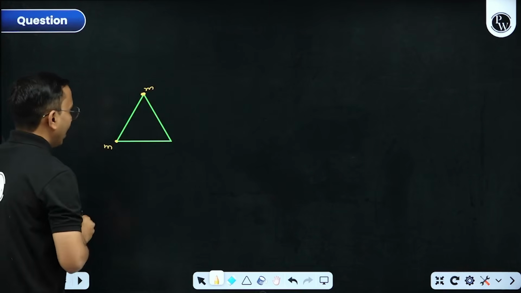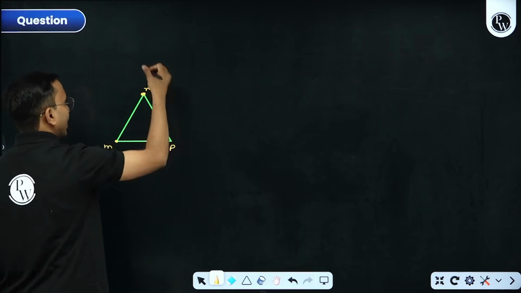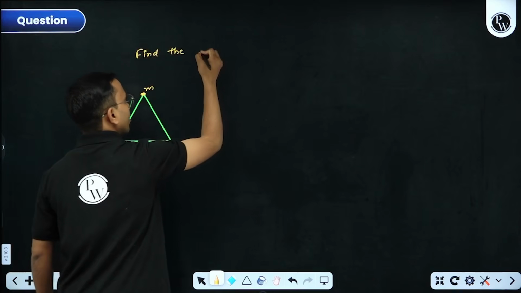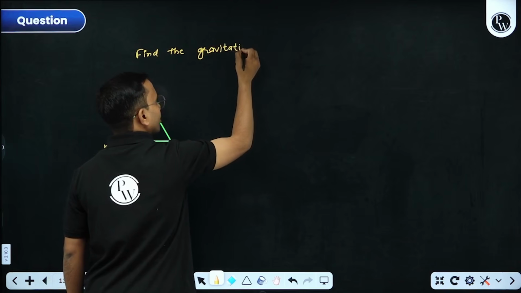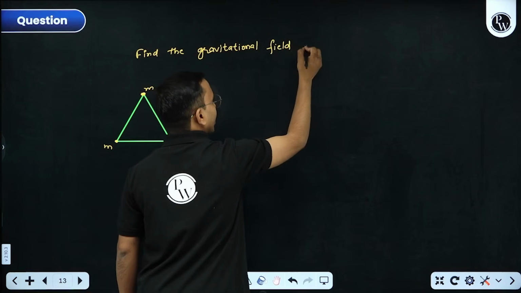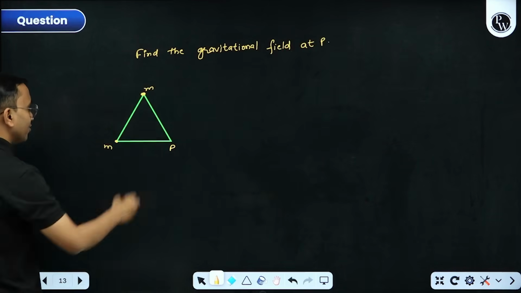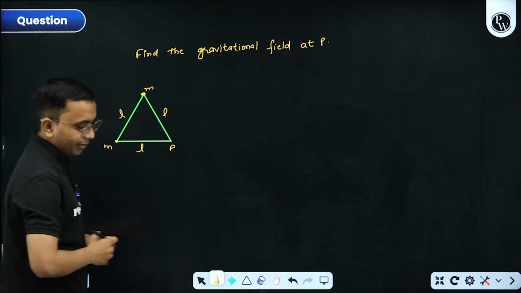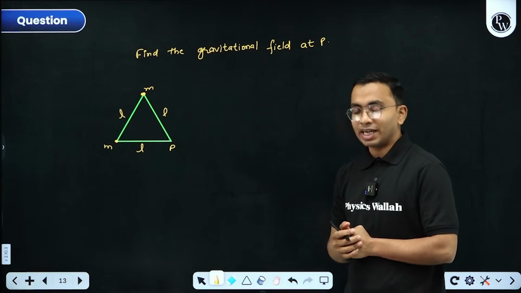This is M and this is M, and this is point P. The question is to find the gravitational field at P. Simple question. Side is given to you, L, L, and this is also L. Now do this. So what you need to do is take a pause, solve this question, then come back.